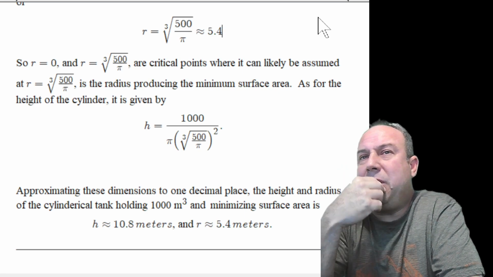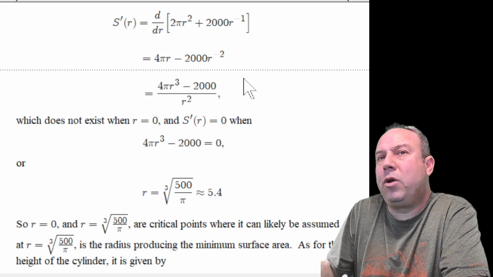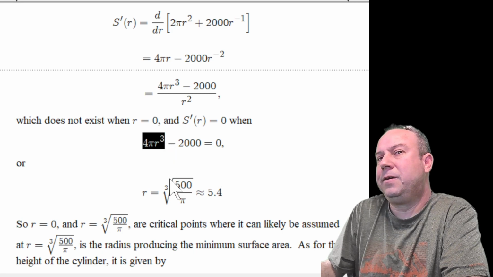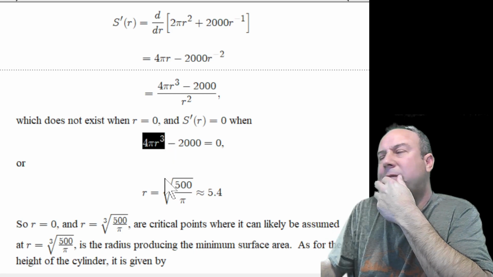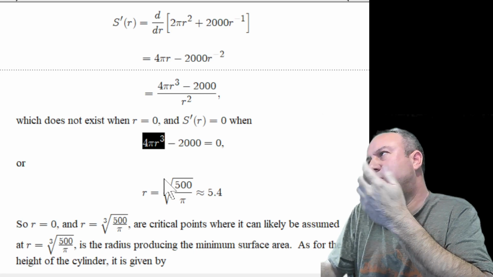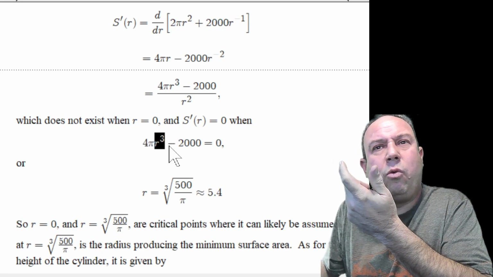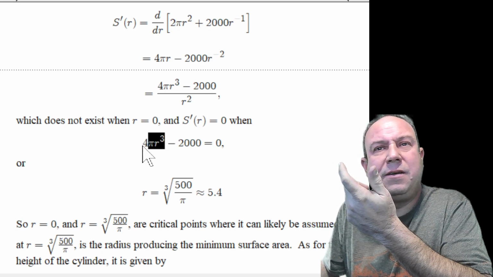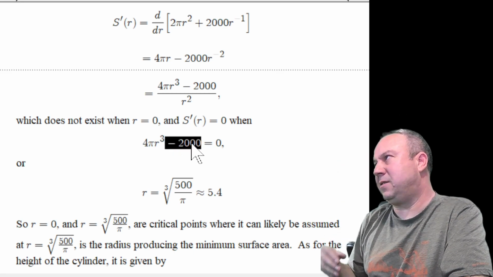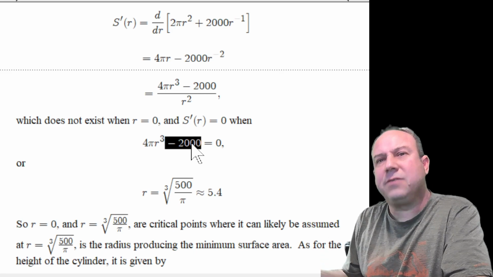We can think about being a number smaller than 5.4, substituting its value into here. Like, for instance, 5. Or we could go real small. Let's go with 1. If we had a radius of 1, this would be just 4 pi minus 2,000. Now, 4 pi is, what, 13 something. So minus 2,000, that would be negative.